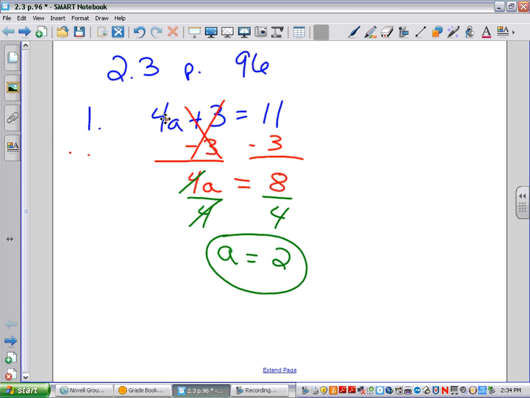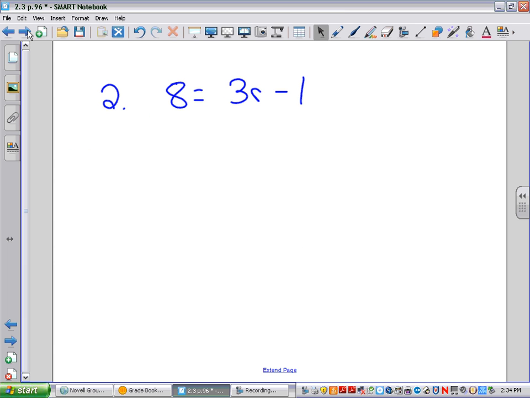Look at the next problem, number 2. 8 equals 3r minus 1. Let's flip that around. Let's put the 3r minus 1 first, then the 8. What you want to do here is concentrate on the minus 1. You're subtracting 1, so you want to do the opposite, which means add 1 to both sides. Mark out your opposites.